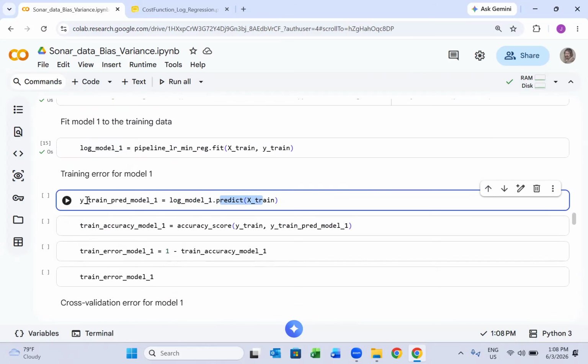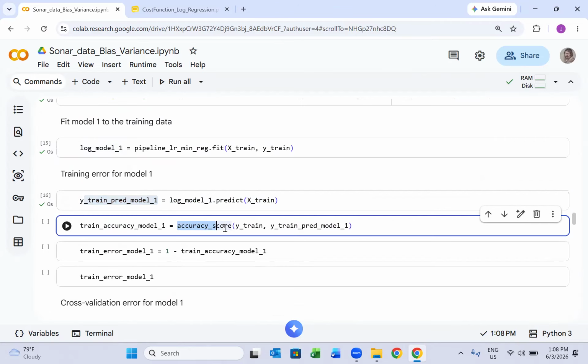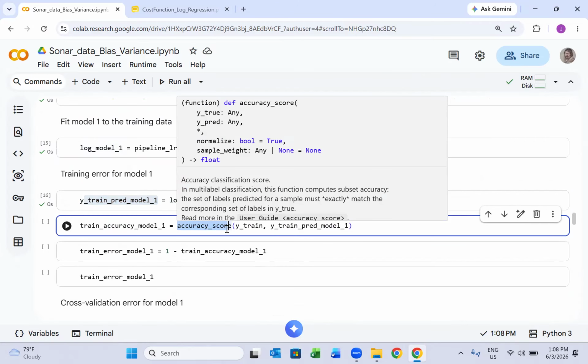I'm going to store the predictions of the training data in that variable. Then I'm going to get the accuracy first, because the error rate is 1 minus the accuracy. So if we get the accuracy, we can easily get the error rate.